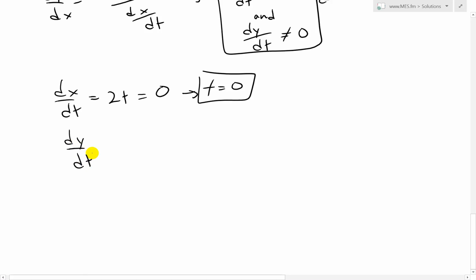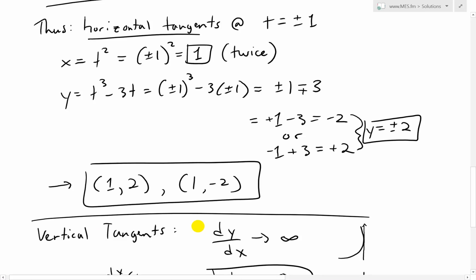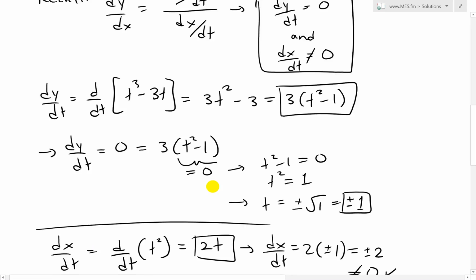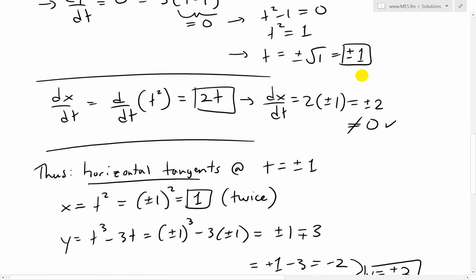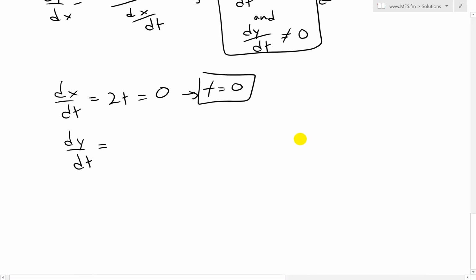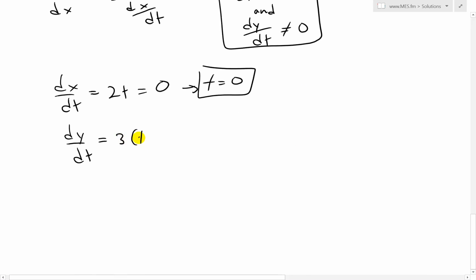Dy over dt equals 3 times t squared minus 1. Now if we plug in t equals 0, inside we get 3 times 0 minus 1, which becomes negative 3, which is not equal to 0.